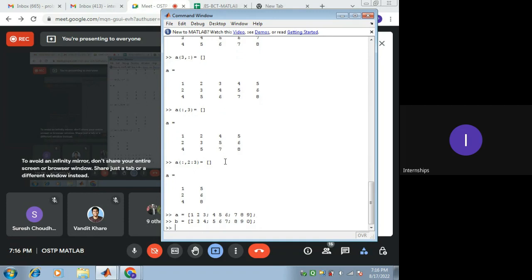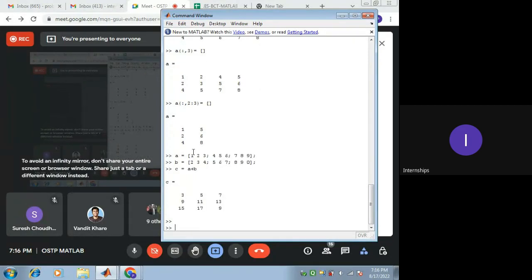If we want to add A plus B, then we will get the element wise addition: 1, 2, 3, 2, 3, 5, 3, 4, 7. Similarly, 4, 5, 9, 5, 6, 11, and so on.